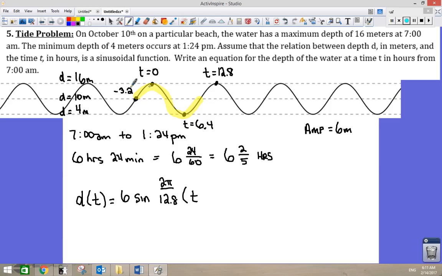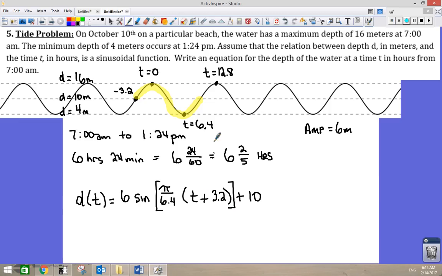This time, if we're shifting to the left, we want to add 3.2 hours. And our center line is 10. Now this 2 pi over 12.8, we can reduce that to pi over 6.4, right? Pi over 6.4. So here's one answer.